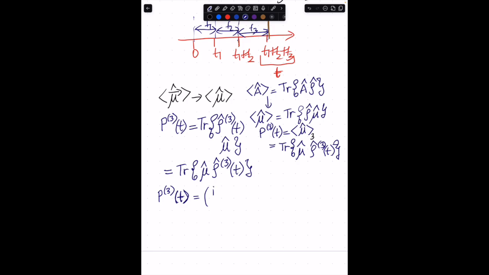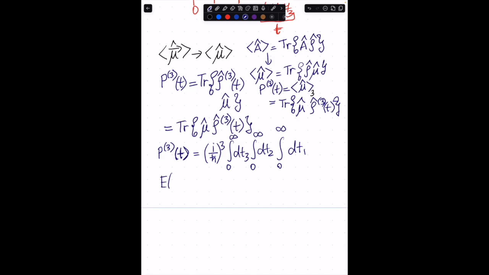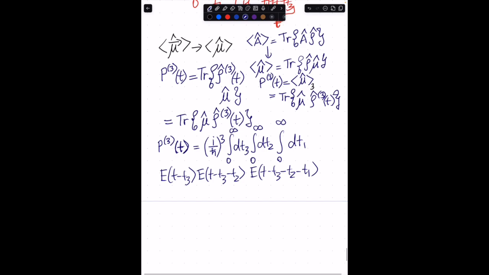So you have i upon h bar cubed, integral from 0 to infinity dt3, integral from 0 to infinity dt2, integral from 0 to infinity dt1, and then you have the three electric fields, E of t minus t3, E of t minus t3 minus t2, and E of t minus t3 minus t2 minus t1. And of course, these quantities needn't be traced. You have to take a trace around all the quantum mechanical quantities. So the light fields, just to remind you one last time, are classical.